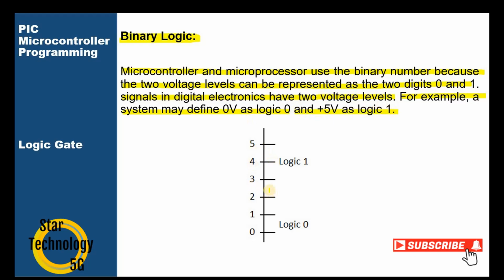In digital electronics, any voltage between 0 to 0.9 is represented as logic 0, and any voltage between 3 to 5 is represented as logic 1.